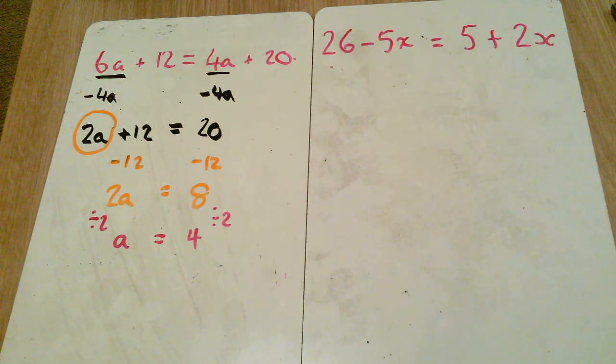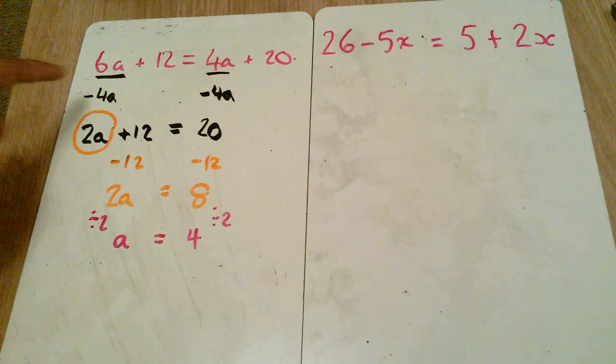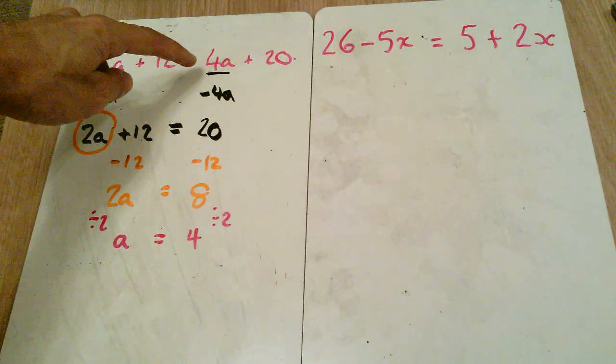Okay, boys and girls, I've brought us over to our second example for solving unknowns on both sides. Now, I've got the example on the left-hand side for us to see clearly that our aim when we have unknowns on both sides is to eliminate one of the two unknowns. Over here we had 6a and 4a.